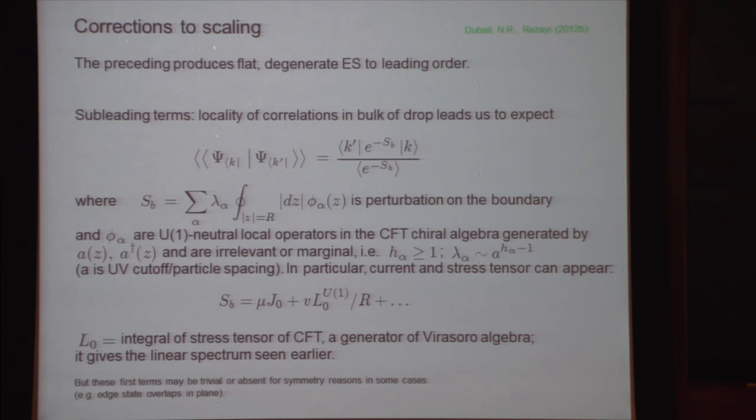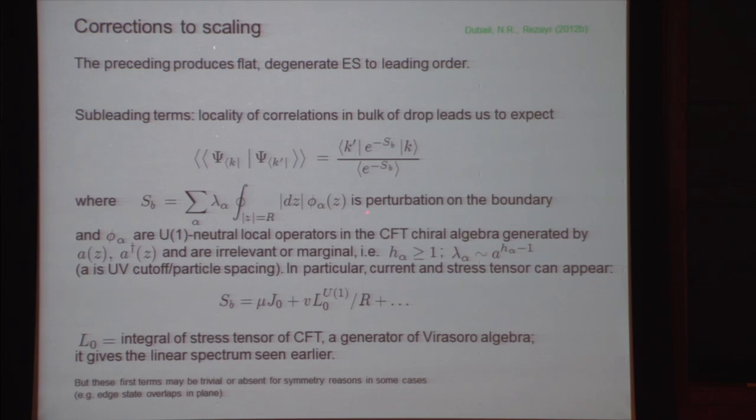If I look at shorter distances, that conformal boundary condition story is not quite exact. So the consequence is that when I unfold, I've still got this line, but I've got some operators sitting on the line. I've got some perturbation of my conformal field theory sitting on the line. And in the expectation, I can write this as e to the minus S, again with an integral of local terms in S. And what are these operators?